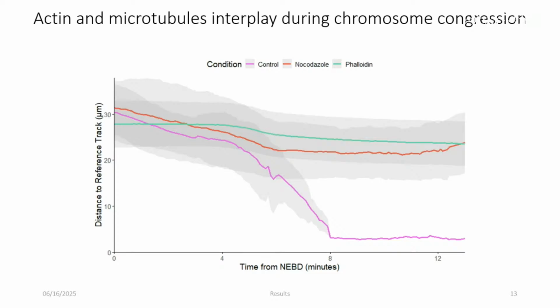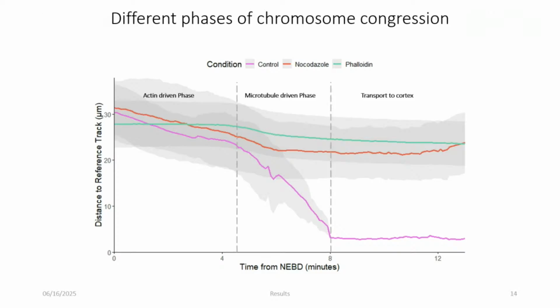Whereas in phalloidin, we don't observe this gradual decrease in the distance, there is still no capturing happening, and they are not transported to the cortex, which you can't see here. To conclude, this initial phase of the capture process is driven by actin, where the actin network contracts and brings all the chromosomes closer to the microtubules, and then the microtubules take over.